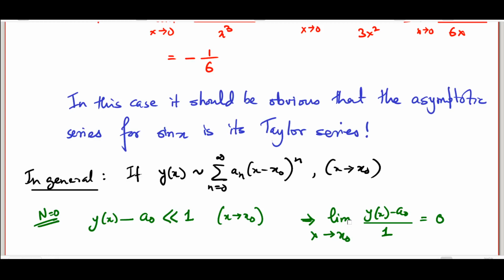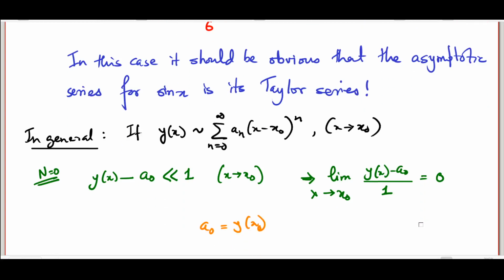And this by definition, of course, tells you that the limit as x goes to x0 of (y(x) minus a0) by 1 is 0. So a0 must be nothing but the value of y at x0 if the value exists. If the value doesn't exist, but the limit does, a0 is just the limit of y as x goes to x0.